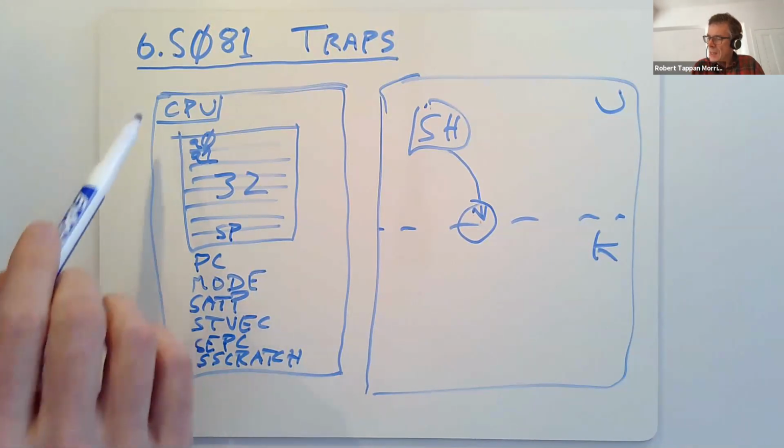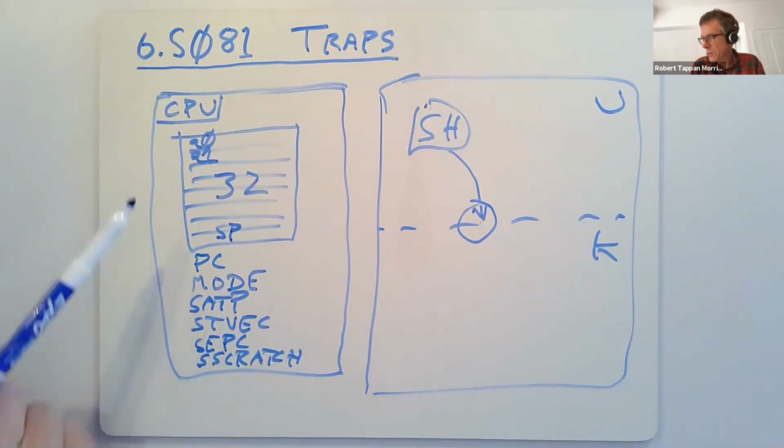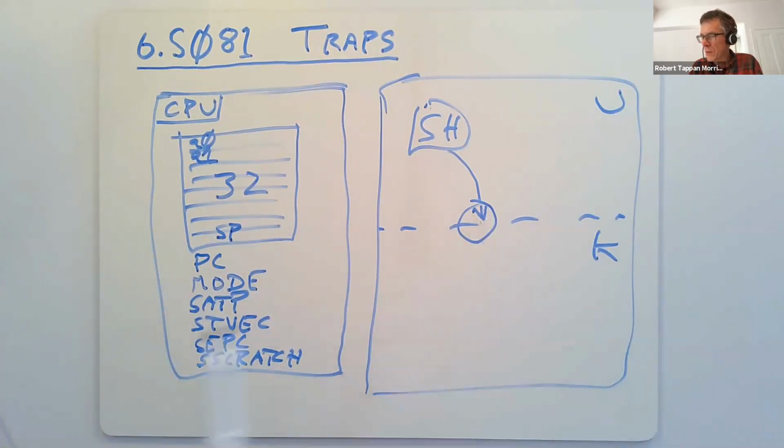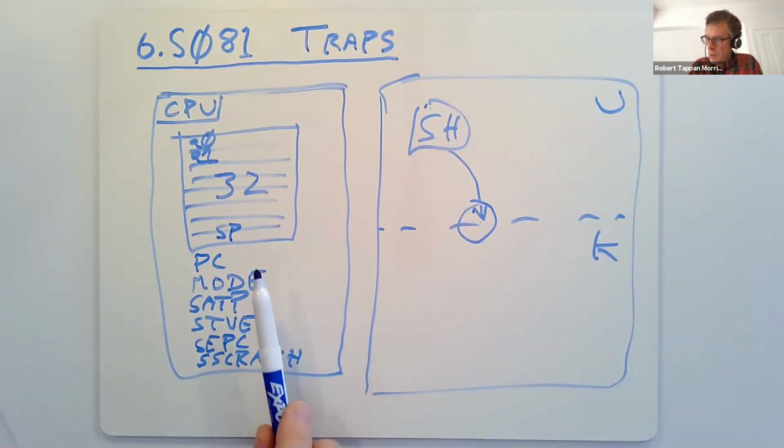So this is the state of the running machine at the time of the system call. And we actually need to change a bunch of this state or do things to this state as part of getting into the kernel and setting ourselves up to run just ordinary C functions in the kernel. Certainly at the instant of the trap, all the state of the CPU is set up to run user code, not kernel code.